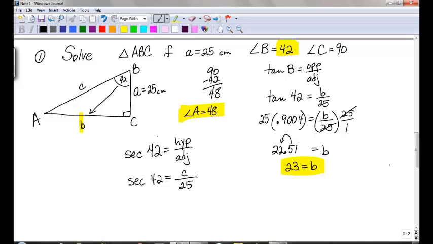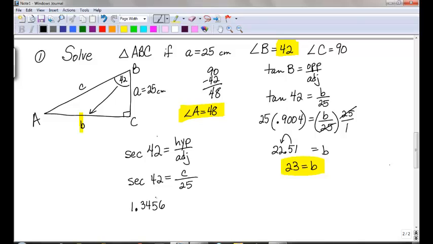Okay, now you got to go back on your calculator. Secant of 42. Okay, so I want to do secant's a reciprocal with cosine. So I do cosine of 42, and then I can do the reciprocal of that. Okay, and I should get 1.3456. Now, you can go back on your calculator and do it in one step.